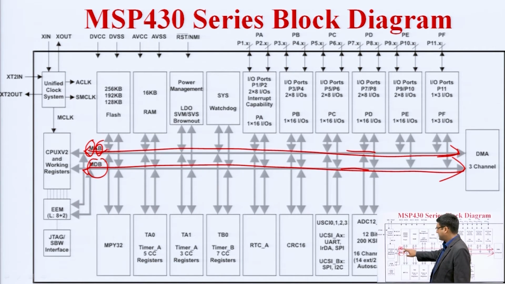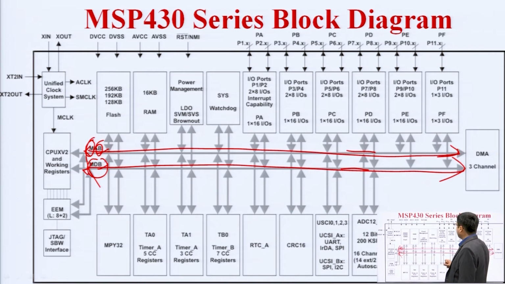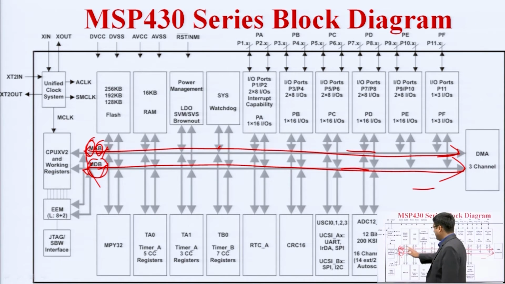AB means address bus, and data bus; M means master address bus, master data bus, or you can say main address bus or main data bus. So, there are 2 types of buses available in MSP430, address bus and data bus. Basically all the blocks are connected to these buses. You can see here DMA is connected to the CPU and working registers through this unit.